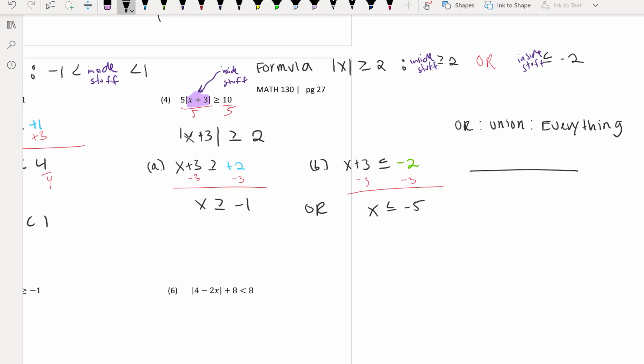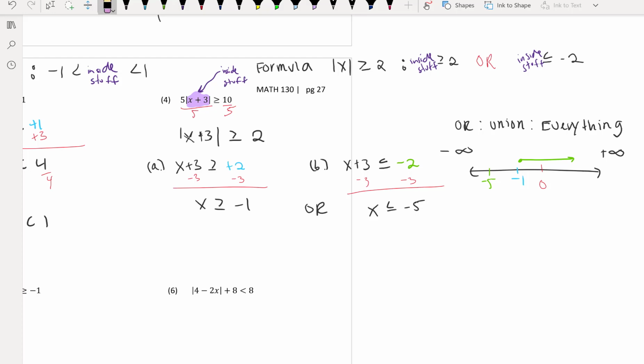So if you are drawing it, I think sometimes just drawing helps, especially if you are a visual person. Remember that 0 is right smack in the middle. So if I were to have my negative 1, and have my negative 5, so at -1, it's greater than or equal.